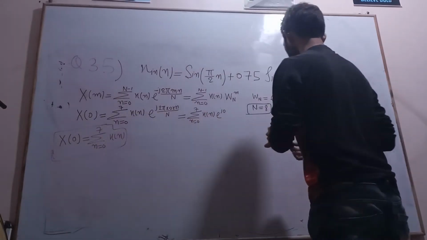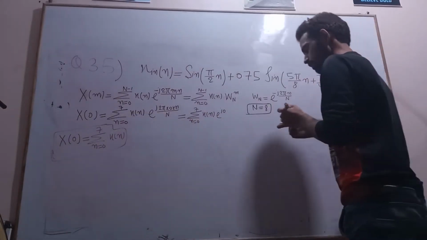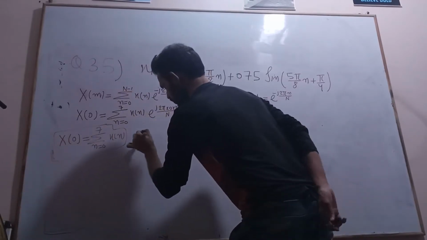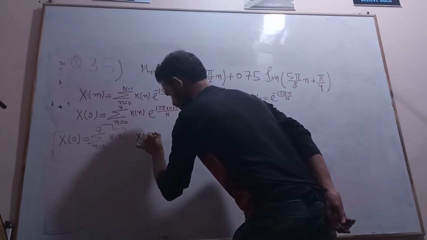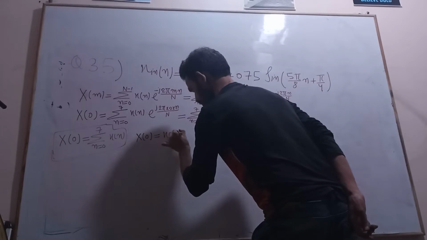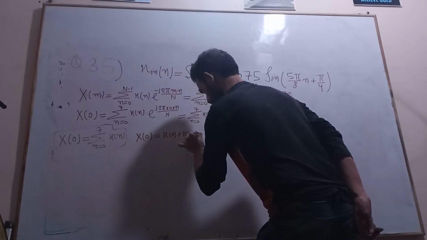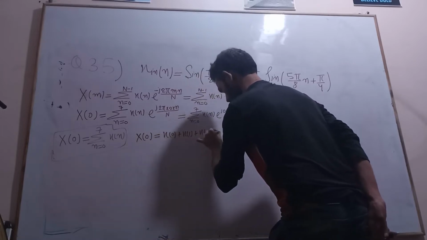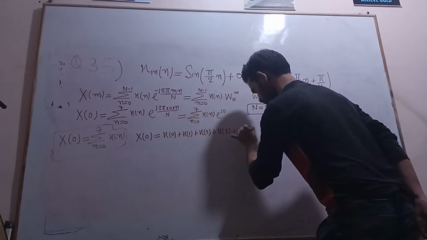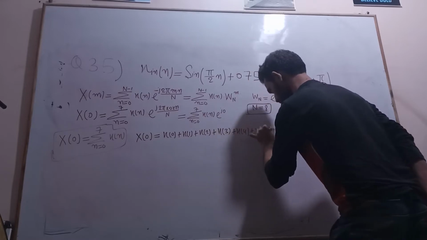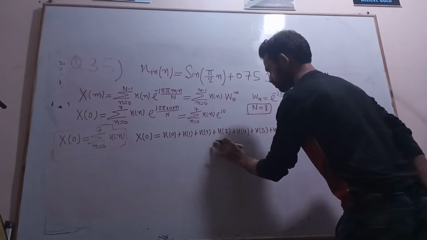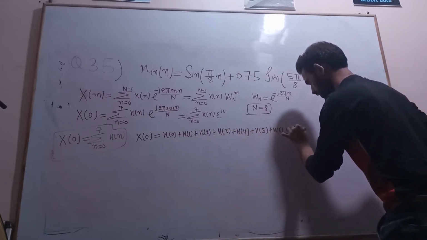So now our target is to determine this summation of x of n, which is X of 0 equal to x of 0 plus x of 1 plus x of 2 plus x of 3 plus x of 4 plus x of 5 plus x of 6 plus x of 7.